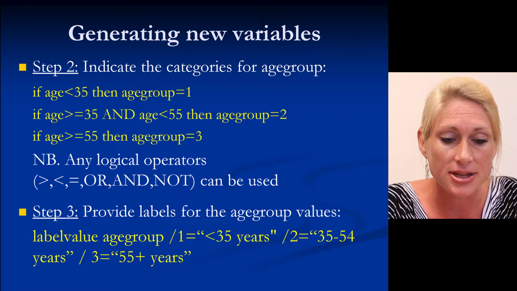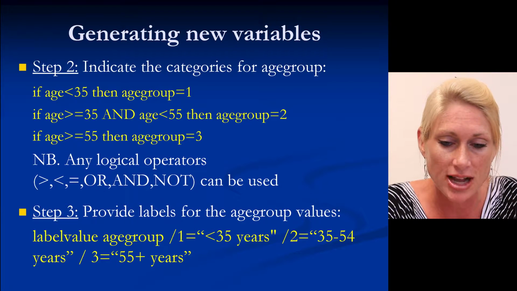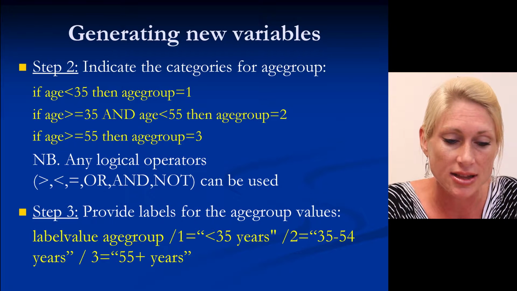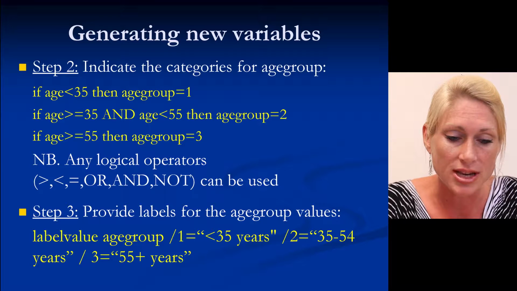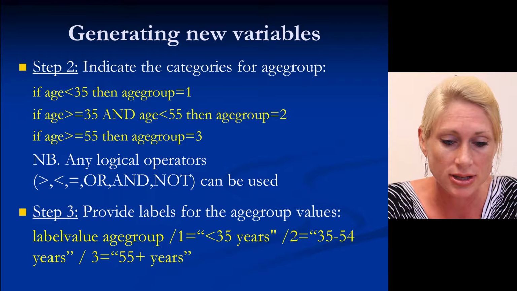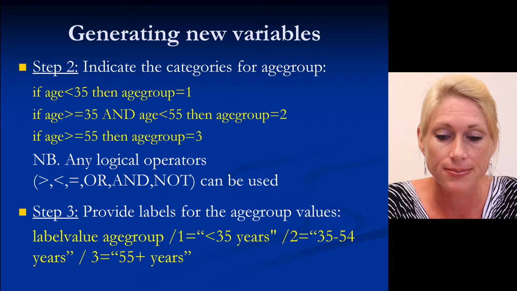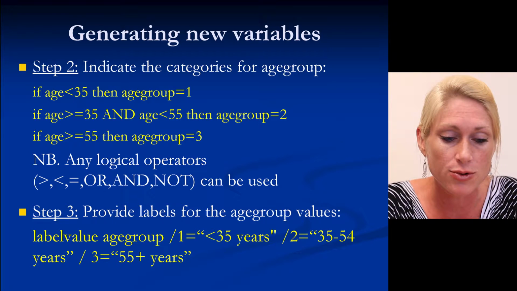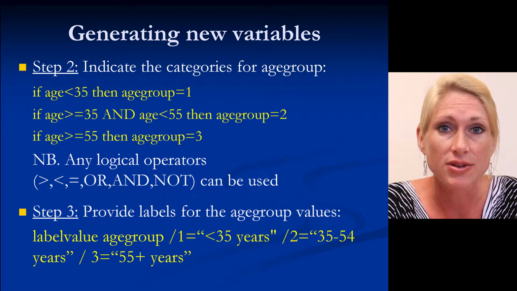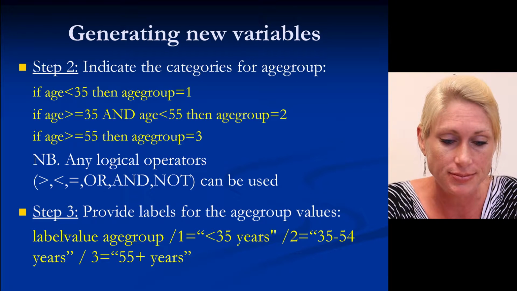The final step is to provide labels for the age group values, and we do this using the label value command. So label value, the name of my new variable age group, space, /1 equals less than 35 years, space, /2 equals 35 to 54 years, space, /3 equals 55 plus years.